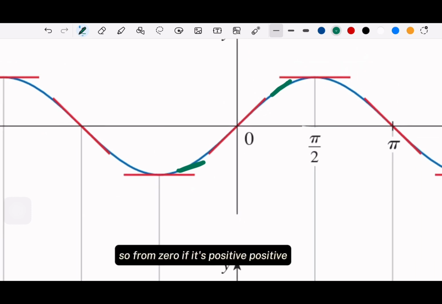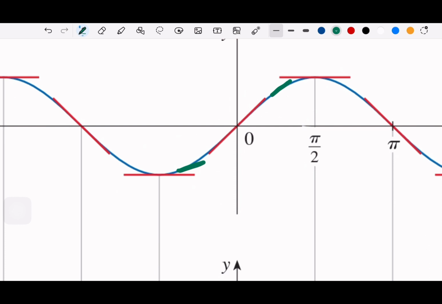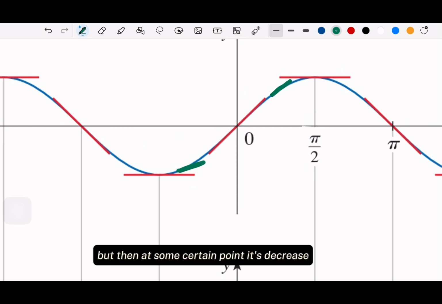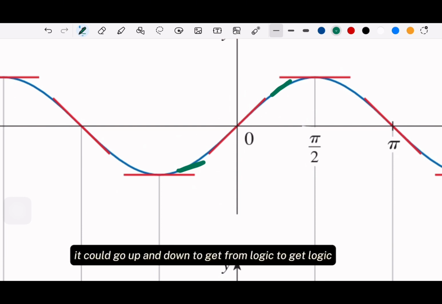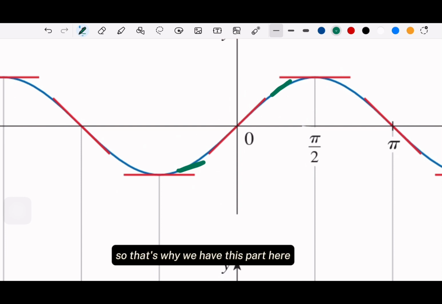So from 0, it's positive, but at some point it decreases, but still positive, right? So it decreases from positive to 0. You could sense that at this moment it could go up and down. You get the logic? So that's why we have this part here.